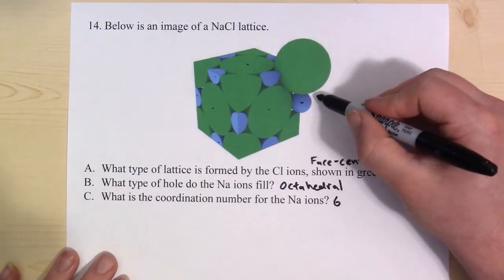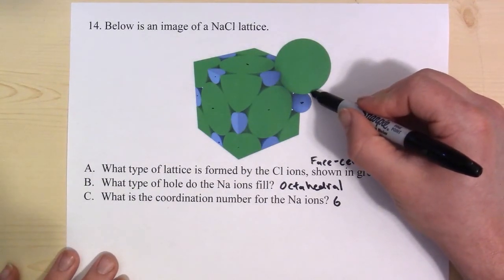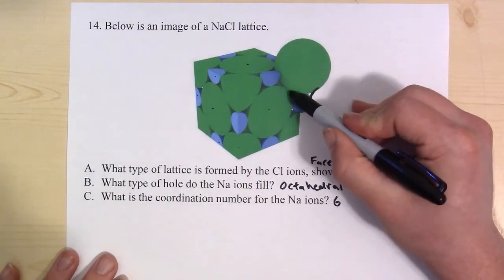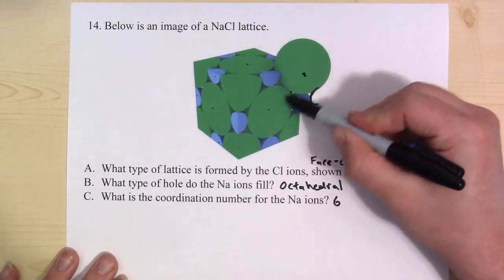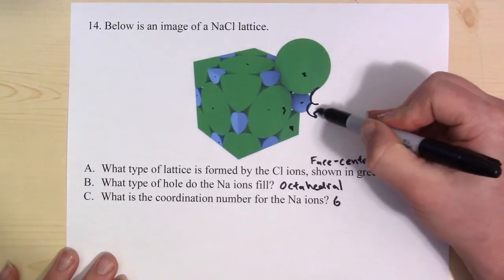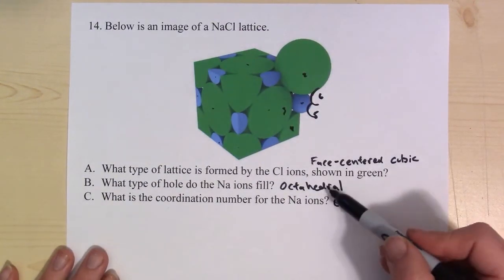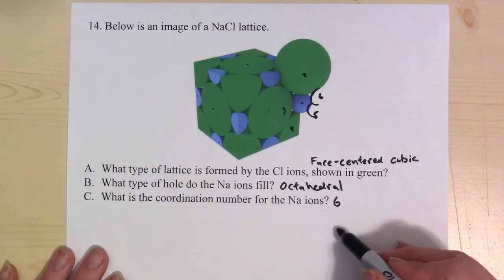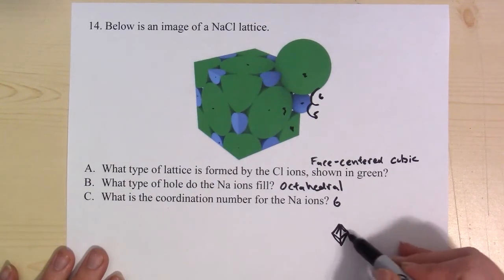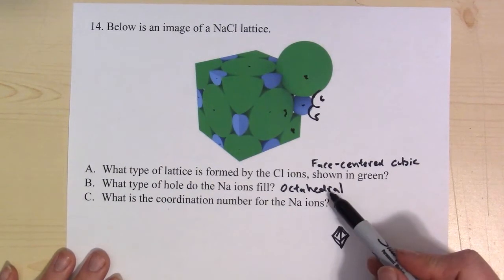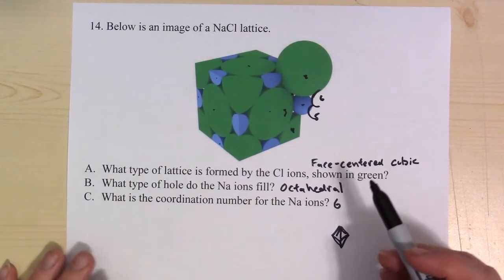If you drew the rest of the lattice, there'd be another one here and another one here. So you have the 1 back there, 2, 3, 4, 5, 6. So the coordination number is 6. And then again, if you have an octahedron, something like that, then that is when you have a coordination number of 6 and you have an octahedral hole.